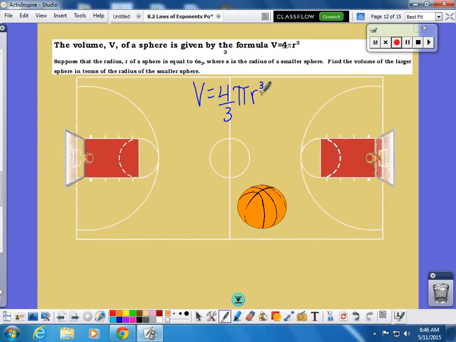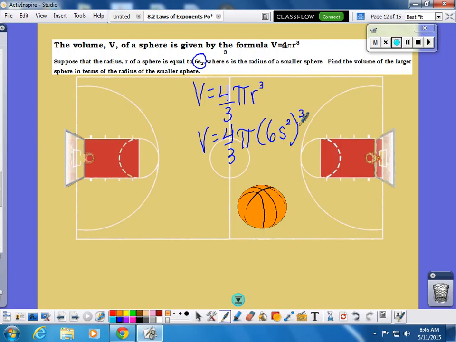It tells us that the radius of the sphere is equal to 6s squared. So if the radius is 6s squared, and then I've got to cube that radius, that's why this problem is in this particular lesson.